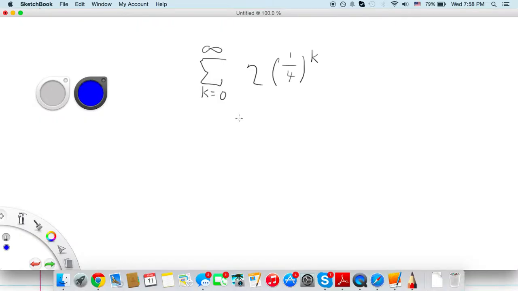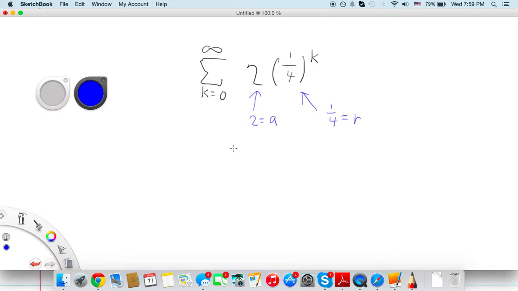If we have this geometric series, the first term is going to be 2, that's a, and then the ratio is 1/4. So since the ratio is less than 1, we know that this geometric series will converge to a sum.